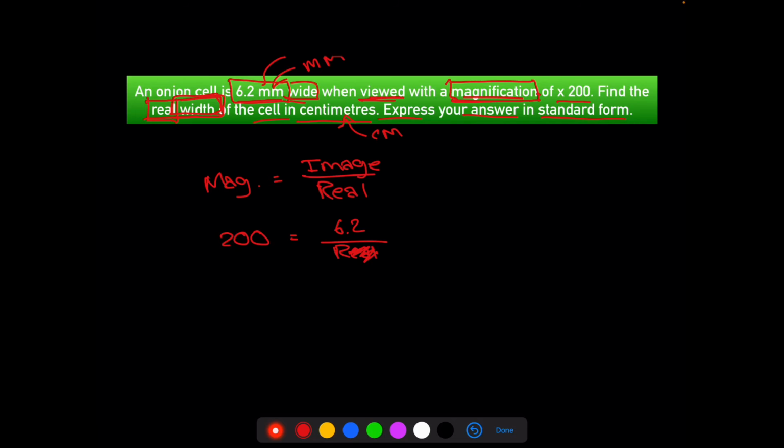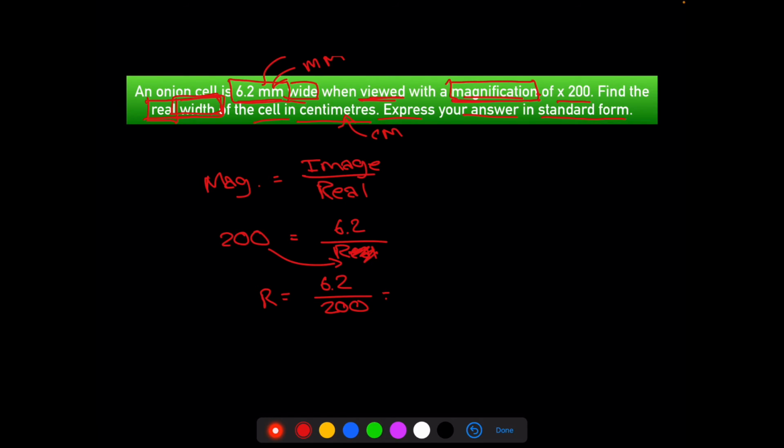So now you can just rearrange the equation. That means bring R to this side and bring 200 down there. You should know this from math, very simple math. If not, please go over it. So R would be equal to 6.2 divided by 200, right? What does that give us? Well, you can use a calculator, by the way, in biology, in all three sciences.